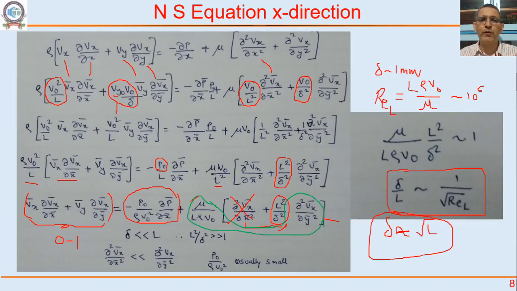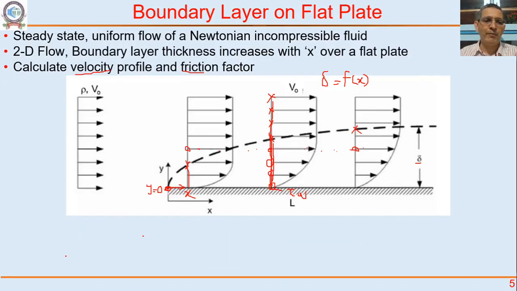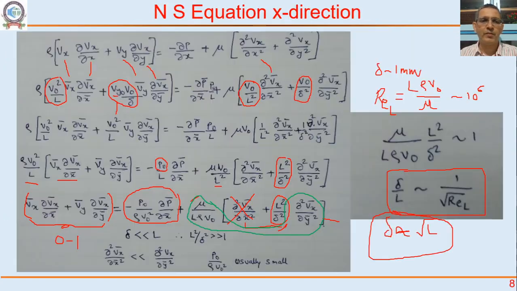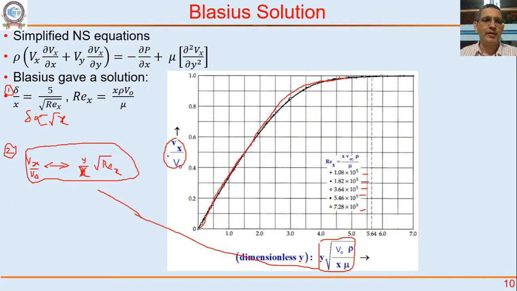Which means velocity profile, if I make it dimensionless, at any x I look at, if I make the velocity field dimensionless by V naught, and if I make y dimensionless by this distance, in effect what are we doing? Look at this variable once again.